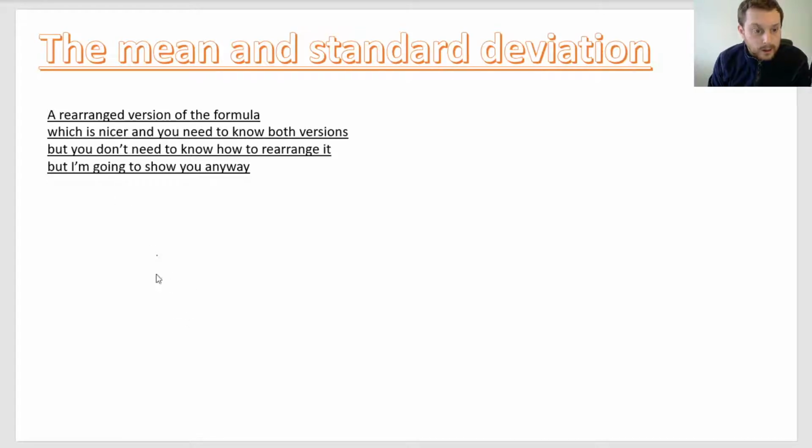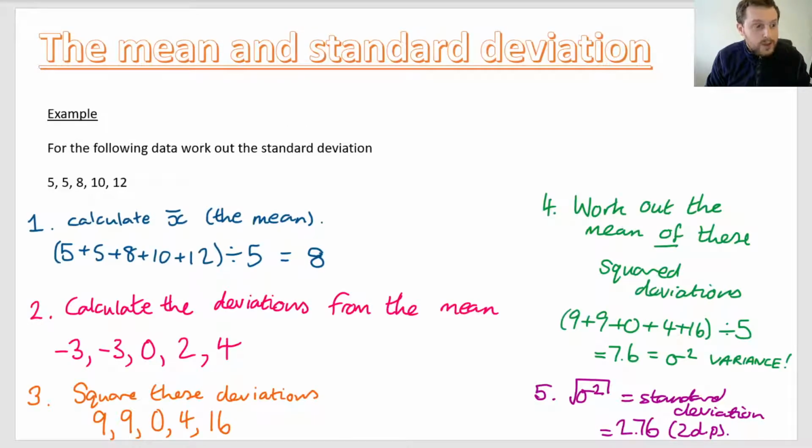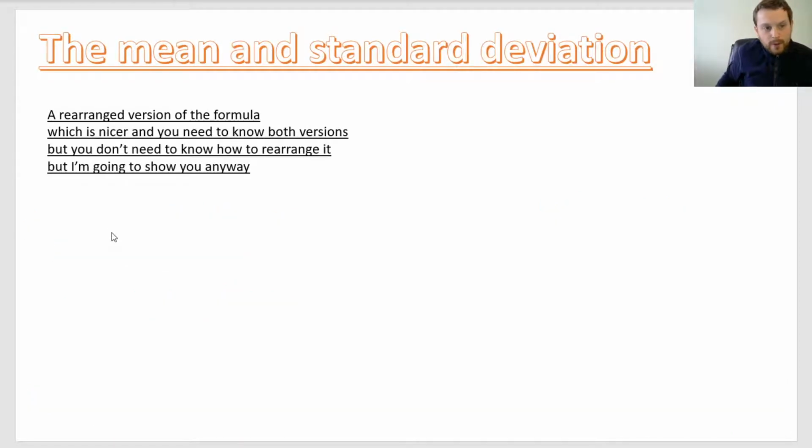Basically, you do need to be able to work out the standard deviation using this method. You need to know that fundamentally this is what the standard deviation is that you're working out. There is a rearranged version of the formula, which, by the way, I will actually write down now. So what is it that we actually did to work this out?